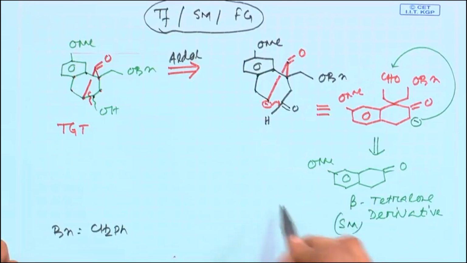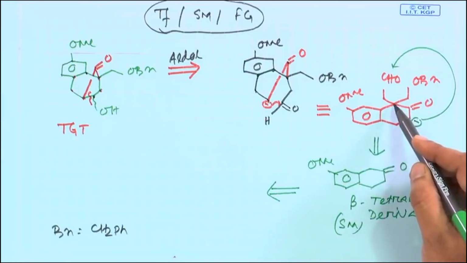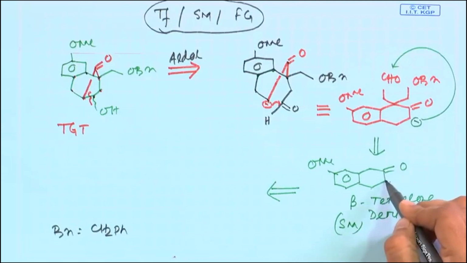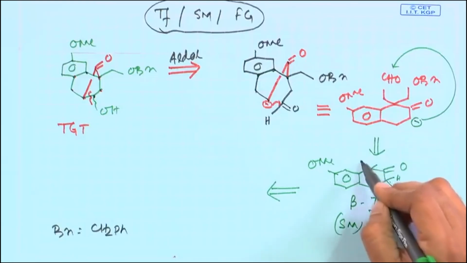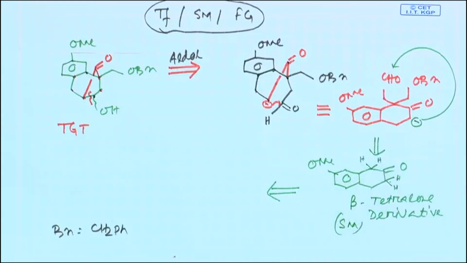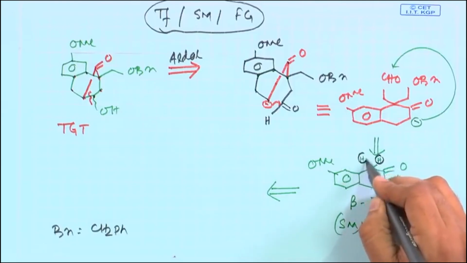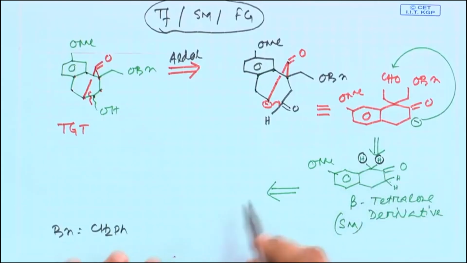Now, what exactly do you want to do? You will be doing successive rounds of alkylation to put these functional groups. Now, remember, you have methylene groups here as well as here, fine. Out of these, this methylene group is most acidic because it is also benzylic.